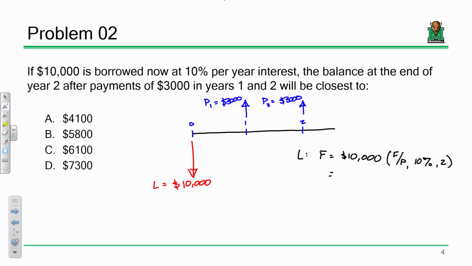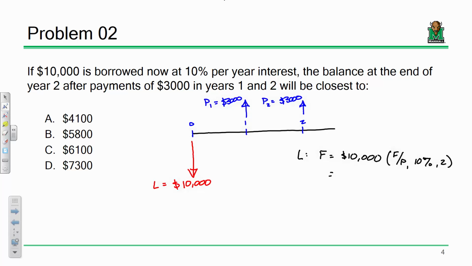What is that? $12,100. Everybody okay with that?